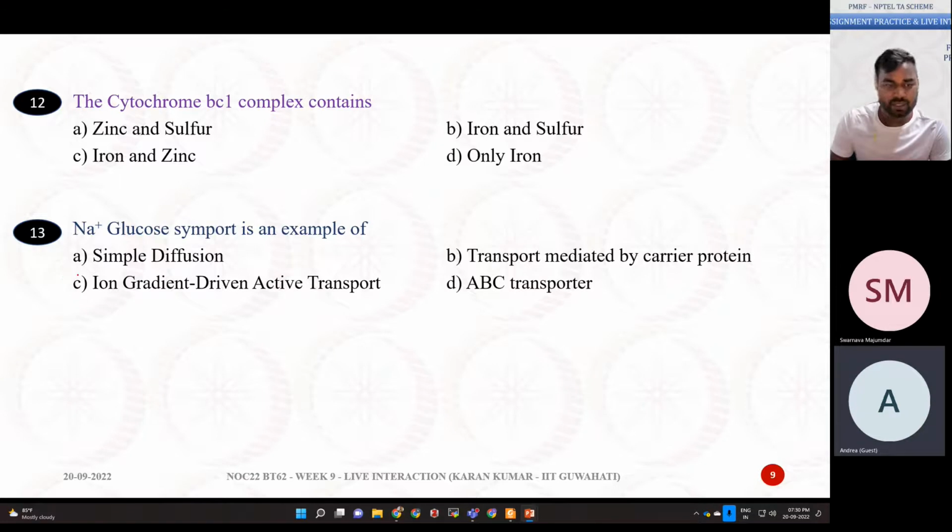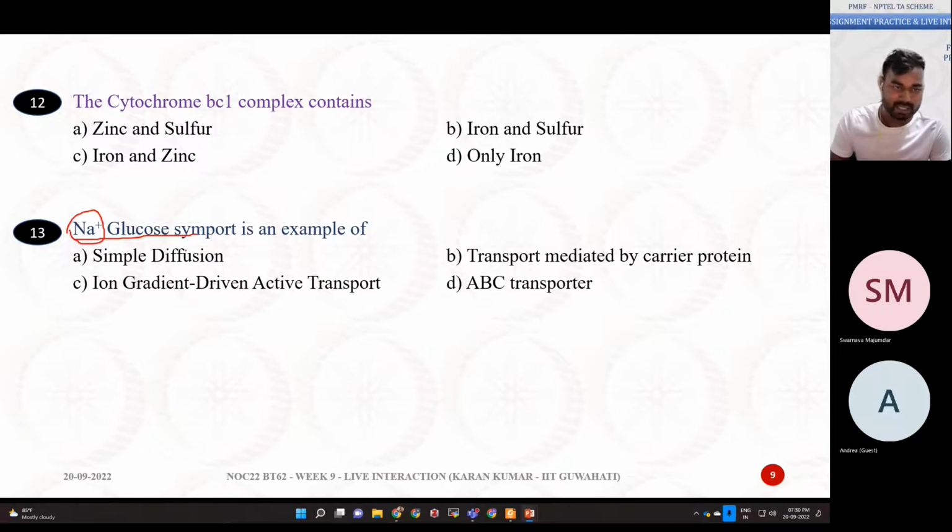Okay, so the correct answer here is that Na plus glucose import is ion gradient driven, because you can check that in this import there are two components. One is Na plus, another one is glucose. Normally the cell doesn't keep Na plus inside. Whenever you see that Na plus is involved, that means it will be a kind of active transport.